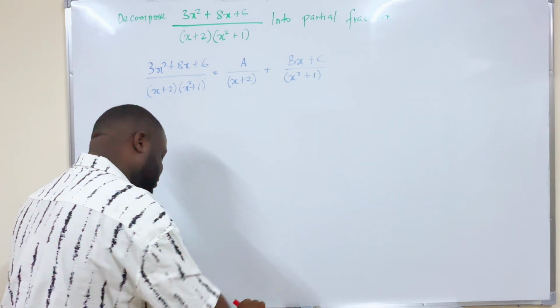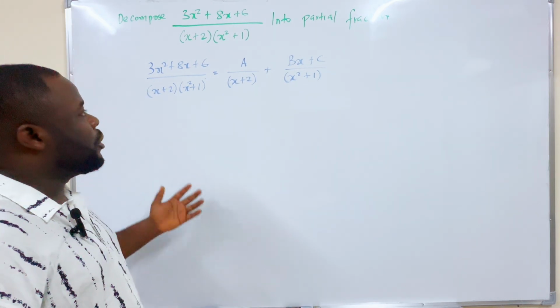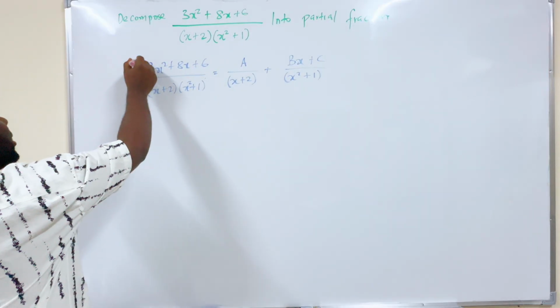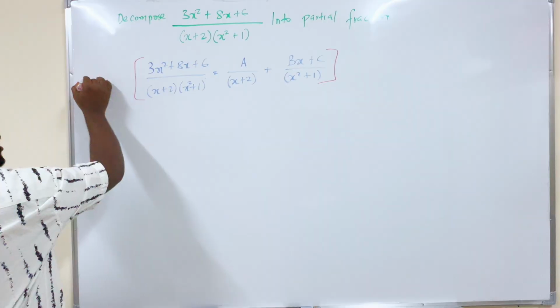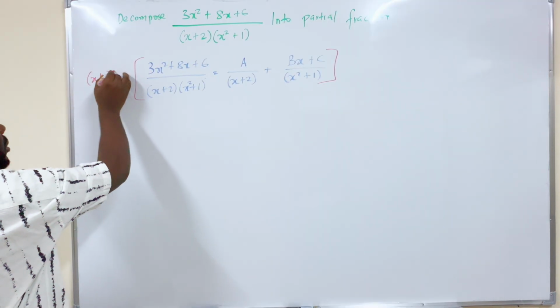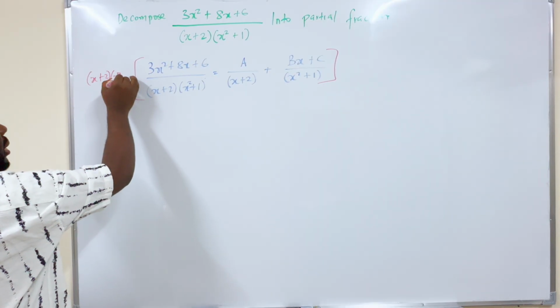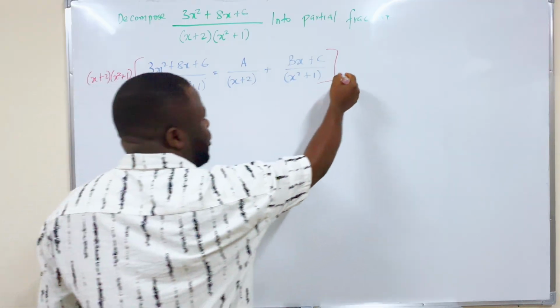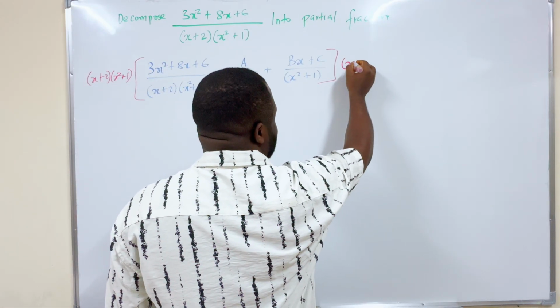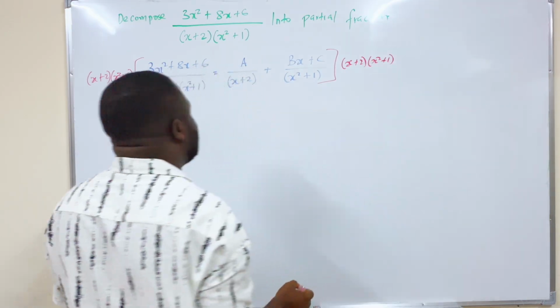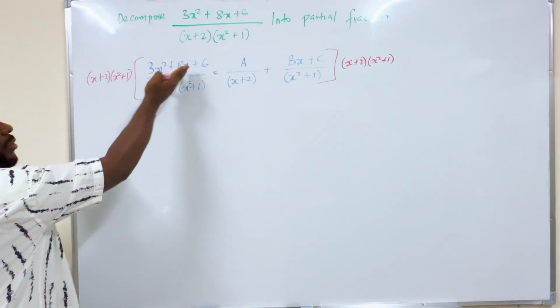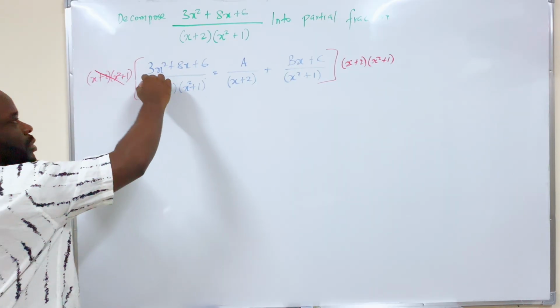So what are we going to do? We have to multiply both sides by the common denominator, which is (x + 2)(x^2 + 1). If we use this to multiply the numerator, it is going to cancel out.